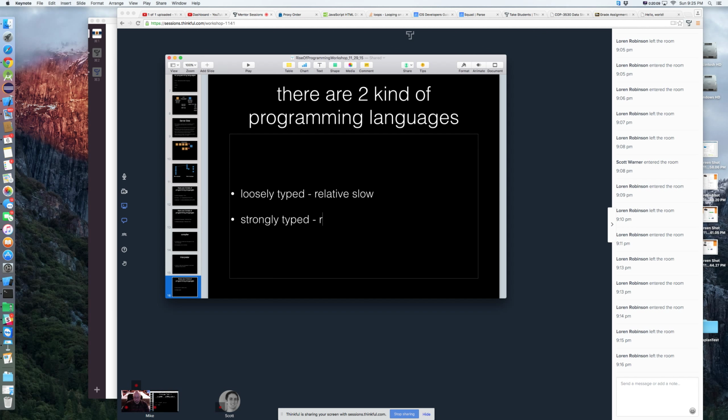Strongly typed are relatively fast. We might also throw in here that loosely typed languages tend to be interpreted languages, and strongly typed languages tend to be compiled languages. So these things all go kind of hand in hand.